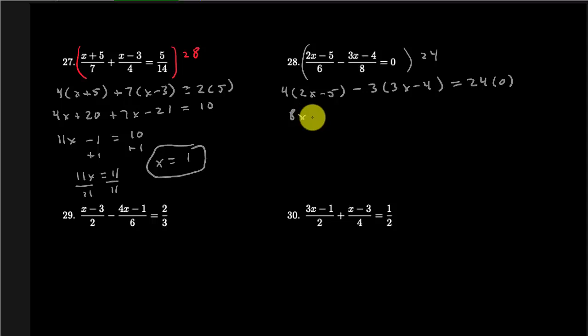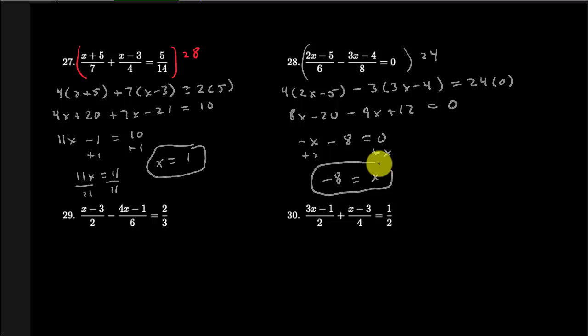So that's going to give us 8x minus 20 minus 9x plus 12 equals 0. Combine like terms, that's negative x minus 8 equals 0. So let's add the x to both sides. And so that's going to give us x is equal to negative 8.